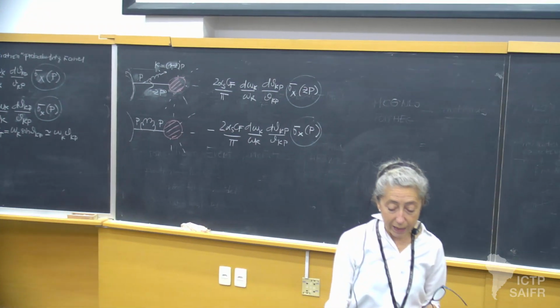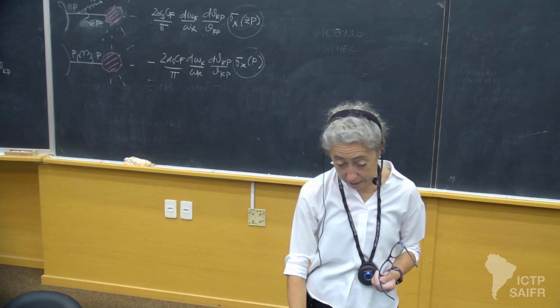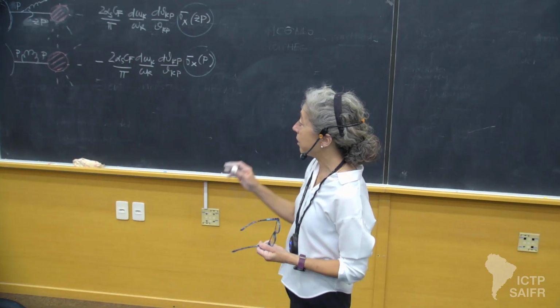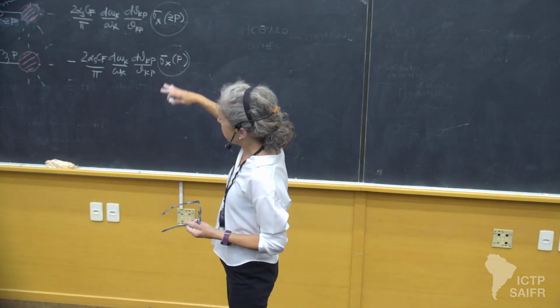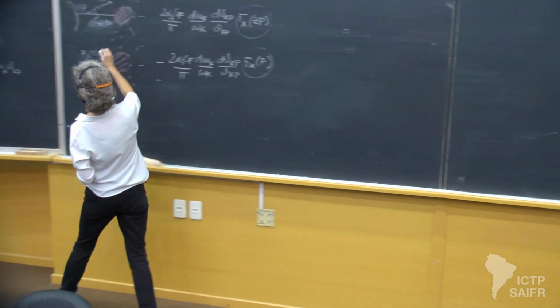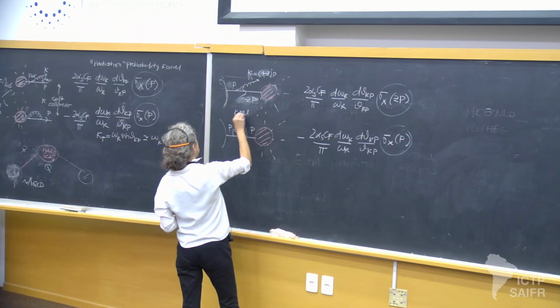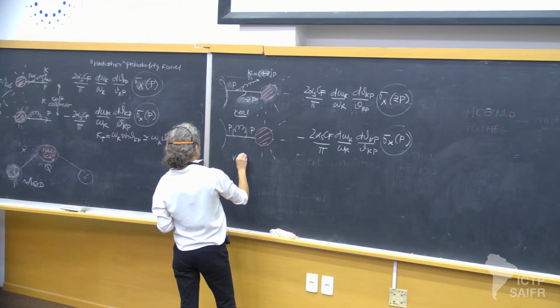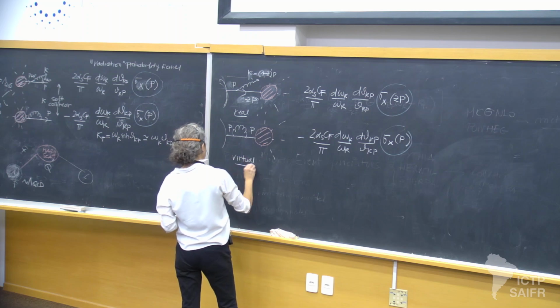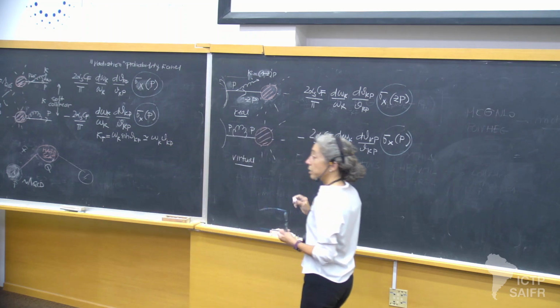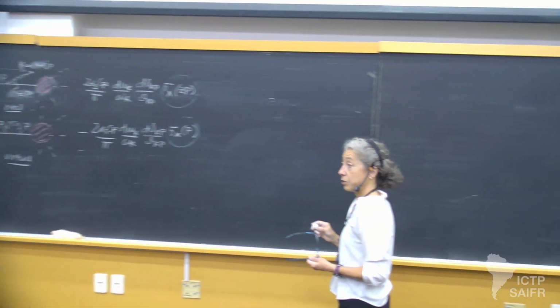So the problem is such that when we put together both the real emission, that is this part, and the virtual emission, that is this part, we do not obtain a full cancellation.